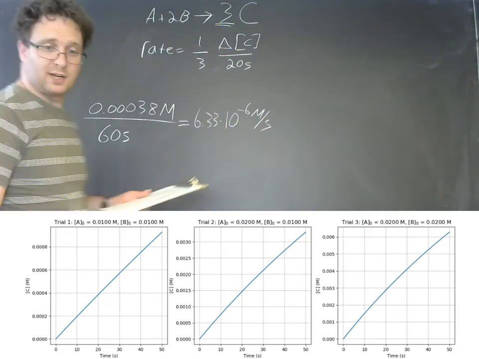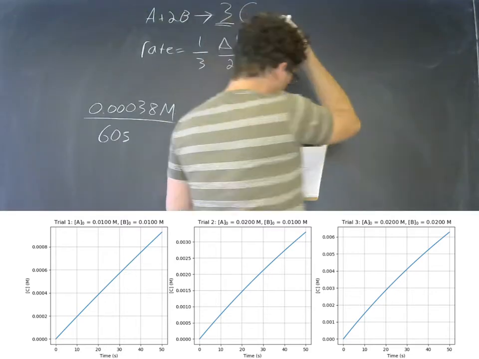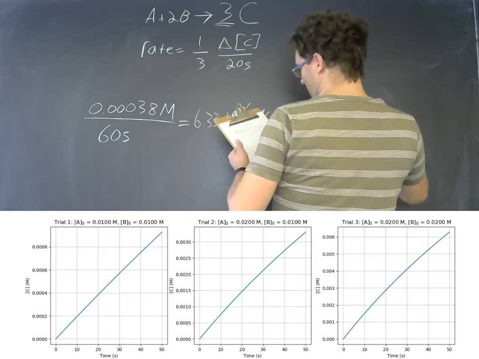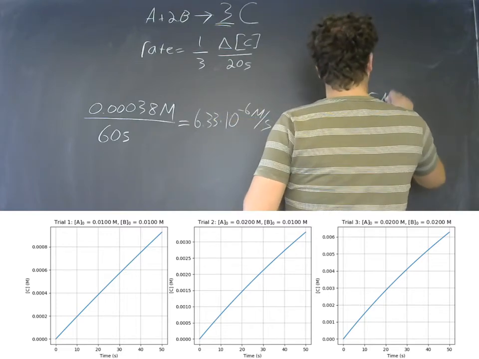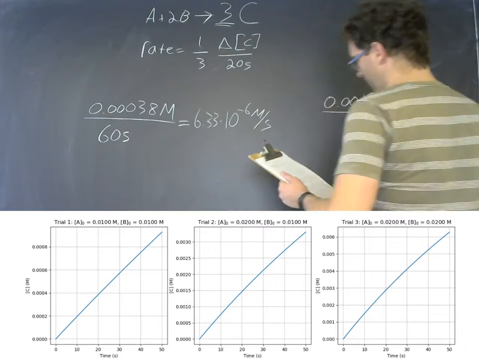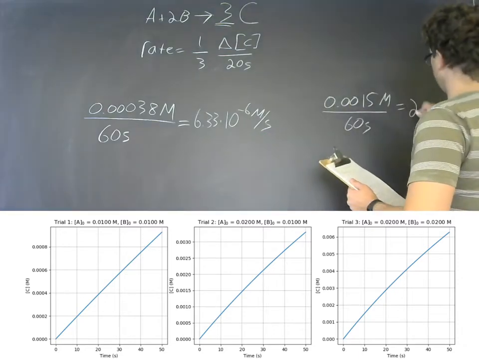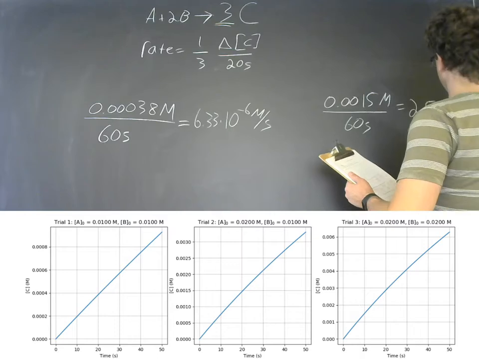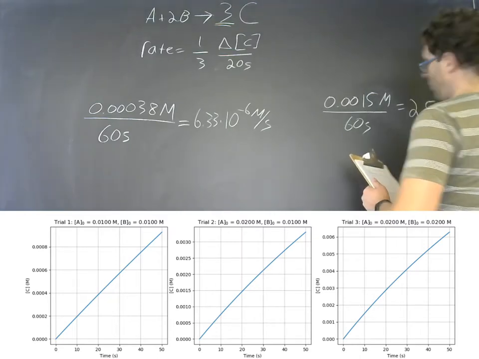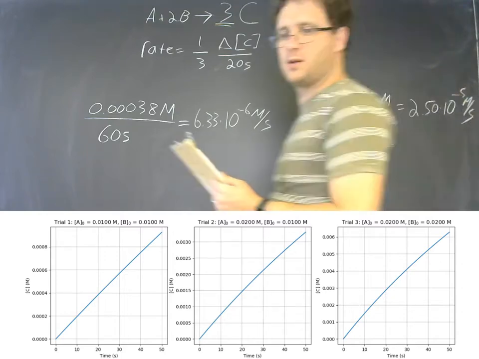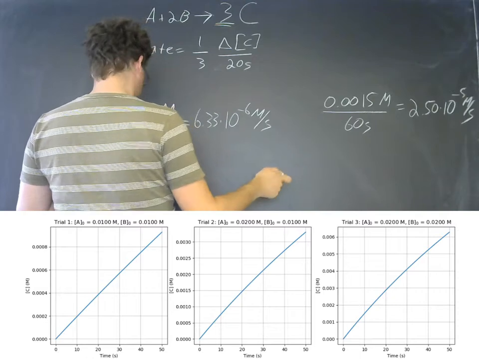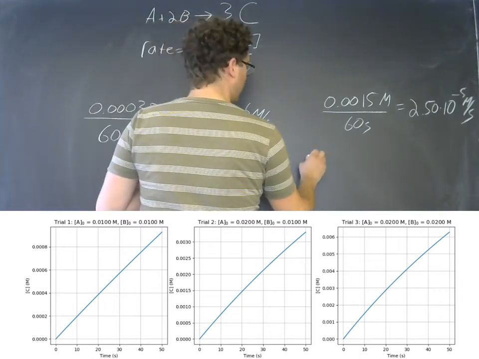If we look at trial 2 at 20 seconds, it looks like it's about 0.0015 molar. We'll divide that by 60 seconds. And this gives us a rate of about 2.50 times 10 to the negative 5th molar per second. Okay, and for the final one, it's about 0.0029.